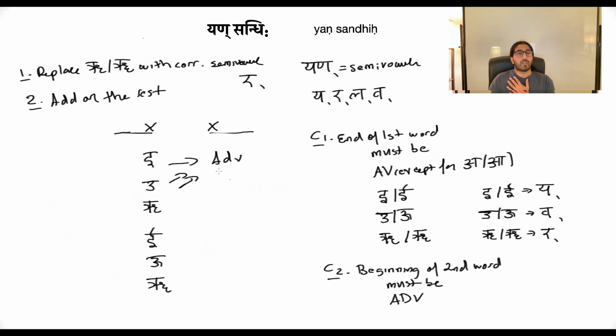So I, U, Ri, plus any dissimilar vowel at the beginning of the second word will activate yan sandhi. Remember, yan sandhi is the putting together of words that involves semivowels, the corresponding semivowels of particular vowels, in this case I, U, and Ri, or long I, long U, long Ri. They have their corresponding Ya, Va, and Ra. And so you put them together and they start forming words like ityuktaha and whatnot.